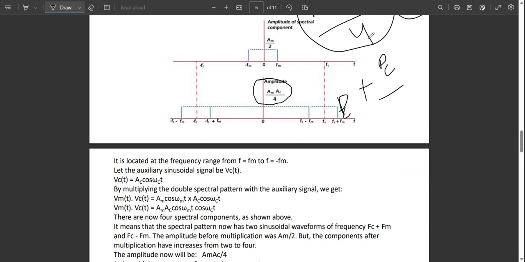So the total power equals Pc into (1 plus ma square by 2).